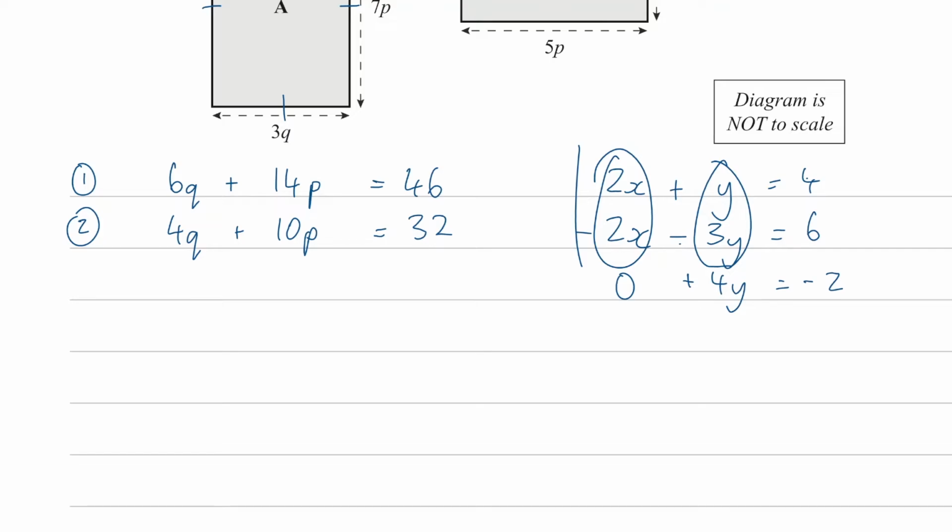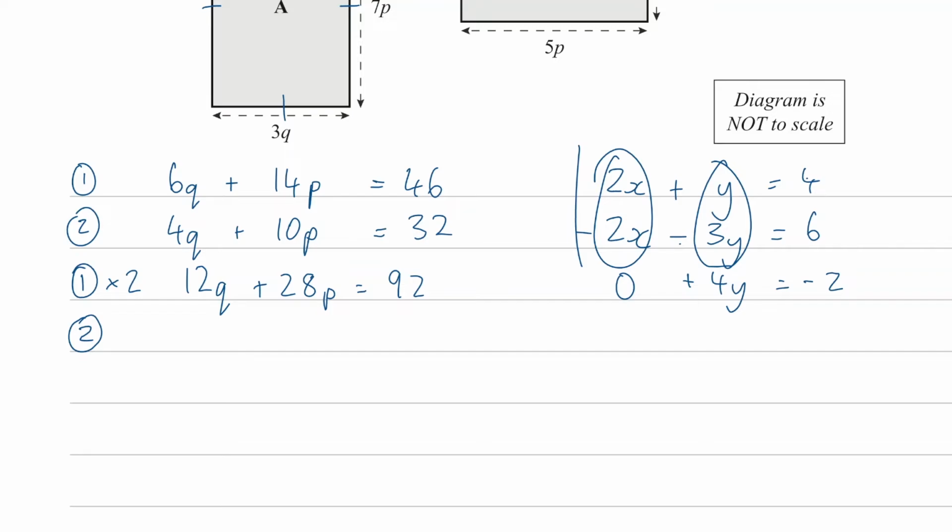So if we multiplied the first equation by 2, that gives us 12Q plus 28P equals 92. So I just multiplied every term by 2. And what do you think I should multiply the second one by in order to have a matching term?